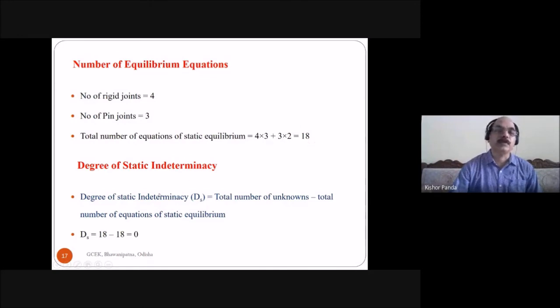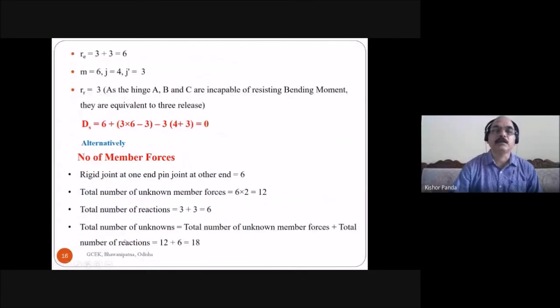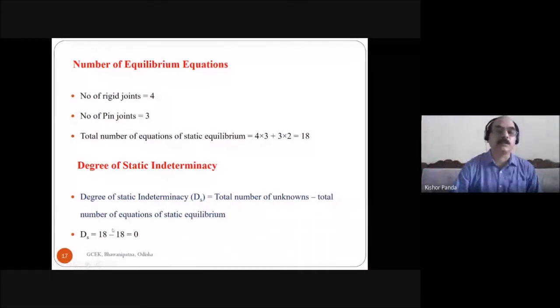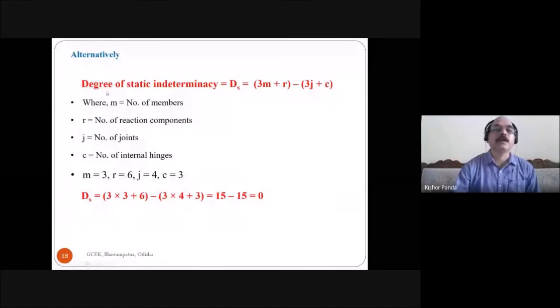Then you can find the degree of static indeterminacy: total number of unknowns minus total number of equations of static equilibrium, which is 18 minus 18. Here the total number of unknowns is 18 and the total number of equations of static equilibrium is also 18. The degree of static indeterminacy is equal to 18 minus 18 is equal to 0. You can find out using this equation also: DS is equal to 3M plus R minus 3J plus C.